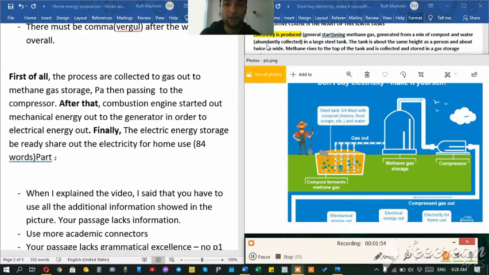I could say abundantly collected, which means most of it is collected with this, but you may not say that. You are allowed not to give number information in your diagram, but you could say that it is abundantly collected in a large still tank.